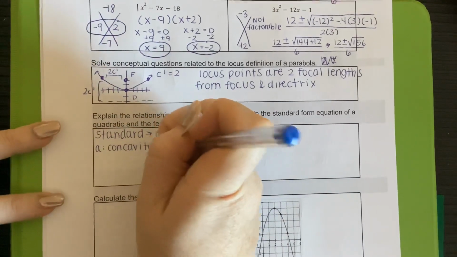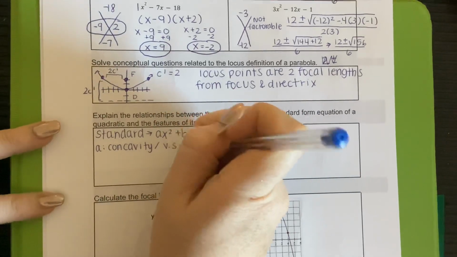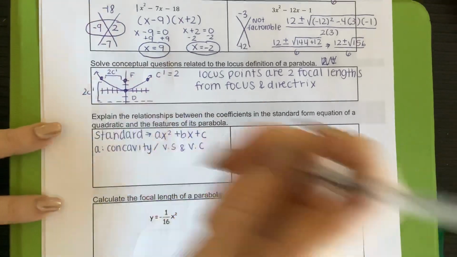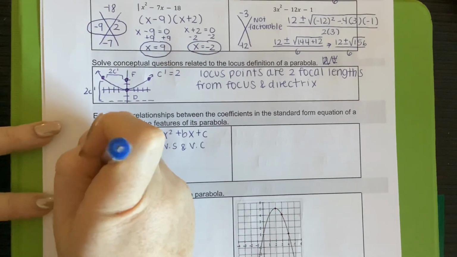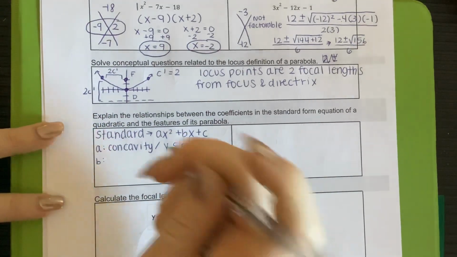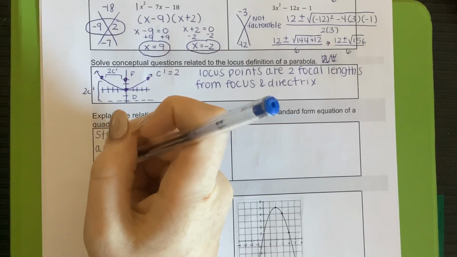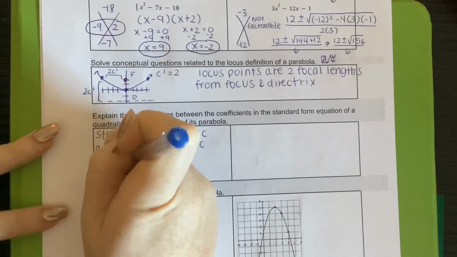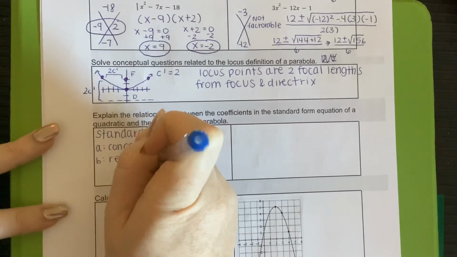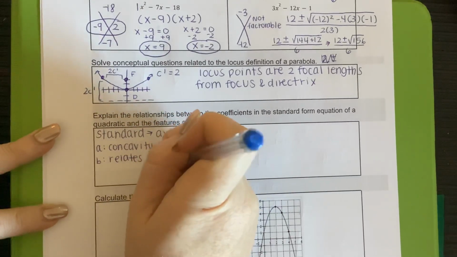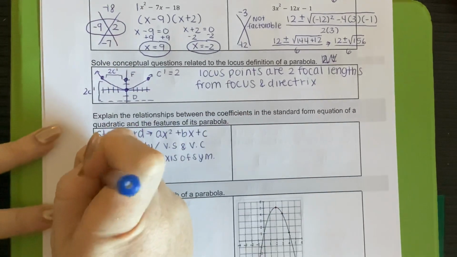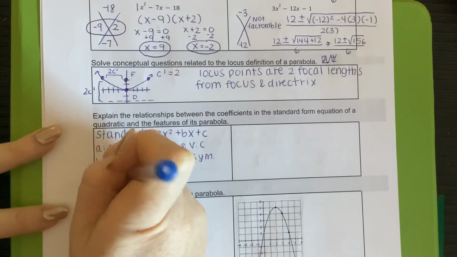And it also does vertical stretch and vertical compression. Your B value, you don't really do a ton with it. It relates to axis of symmetry. And then your C value is always your y-intercept.